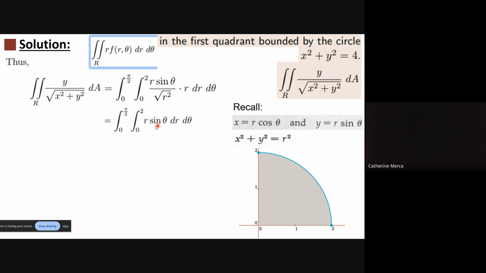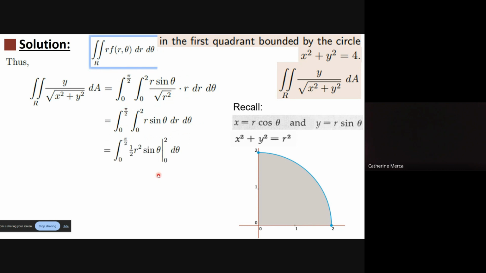And we know that at this point, your sine theta is a constant when you evaluate with respect to r. So you should have r squared over 2 sine theta evaluated from 0 to 2, and then you have your integral from 0 to pi over 2 d theta.